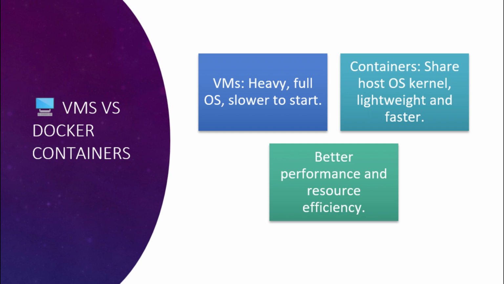A Docker container shares the host OS kernel and only includes the necessary dependencies. This makes containers much lighter, faster, and more efficient. With containers, you can run more applications on the same hardware with less overhead.